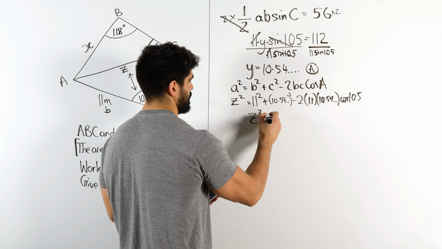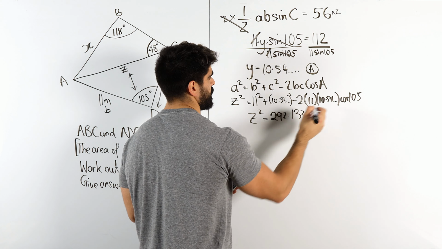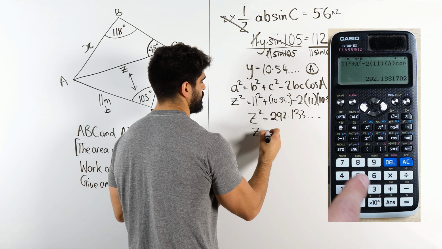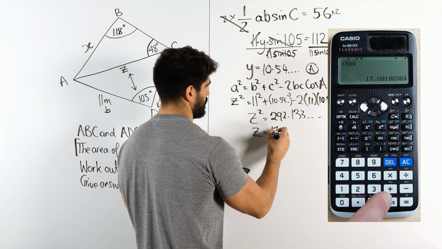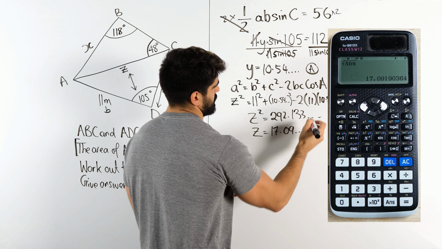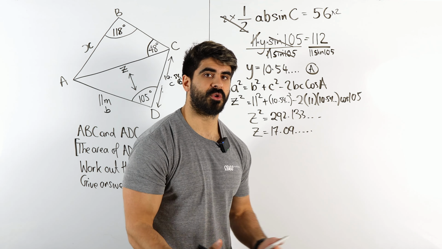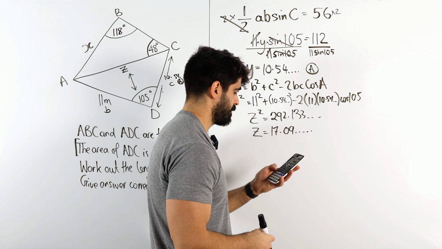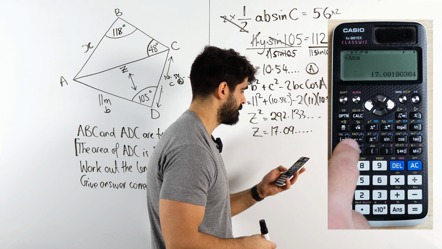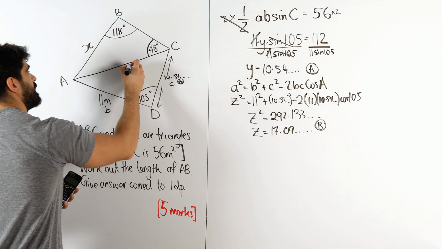So z squared is 292.133... And then we're going to root both sides to get z. So I'm going to root answer, which is about 17.09. Now, I will need to use this for later, so I'm going to store it as B. I'm not going to do A, just in case I need to use it again. So I'm going to press store B. Okay, let's make a note of that here.